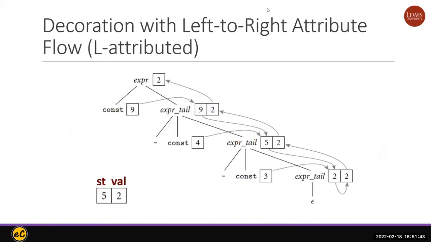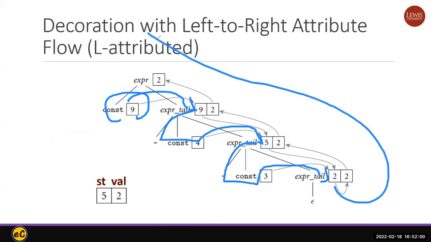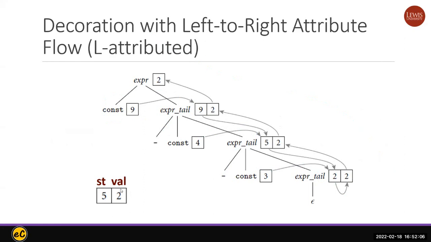So basically, you start to decorate it. Here, you get the constant, and the 9 is passed to the sibling. The sibling, minus 4, you get 5, and you pass that to the next sibling. You pass the value along, and eventually you pass it back, okay? So that is the value and the state variable, ST. It comes from your sibling's value, okay.